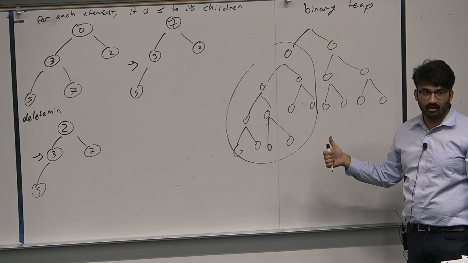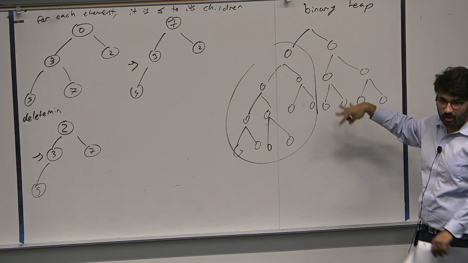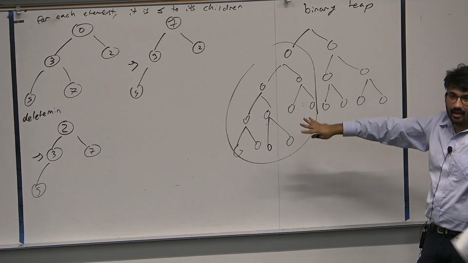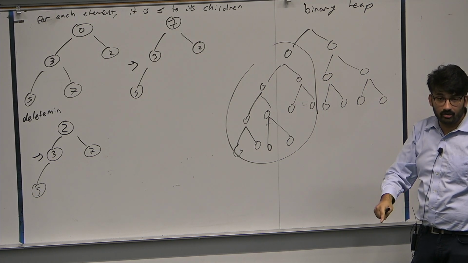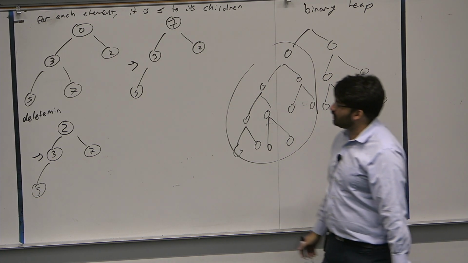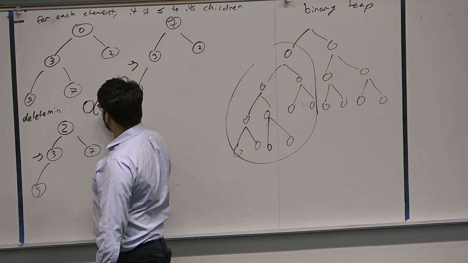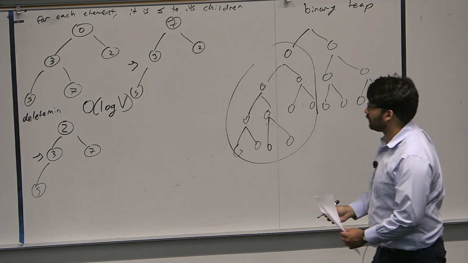We haven't touched anything there, right? So if we choose to swap here, then we have to chain ourselves down, recursively, all the way to the bottom. It's not going to be that everything in the heap has to be touched. It's just going to be up to the depth of the binary tree, which, if we have V elements, means delete min is going to take log V for deleting a min.